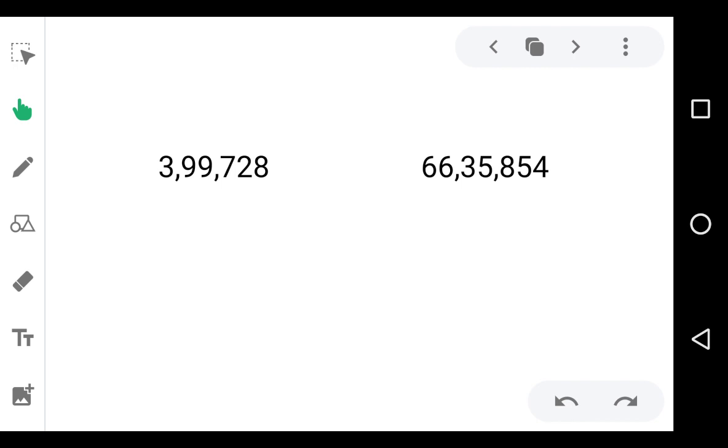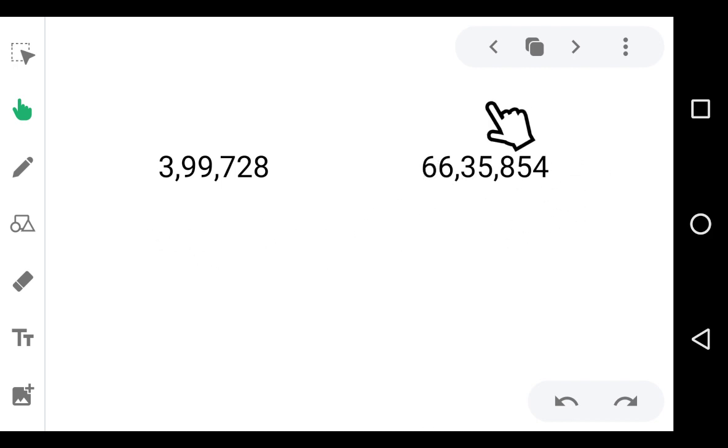Remember, we can tell which number is bigger and which is smaller just by looking at the number of digits. When we read it as 3,99,728, and this is 66,35,854. So this is 66 lakhs and this is 3 lakhs.